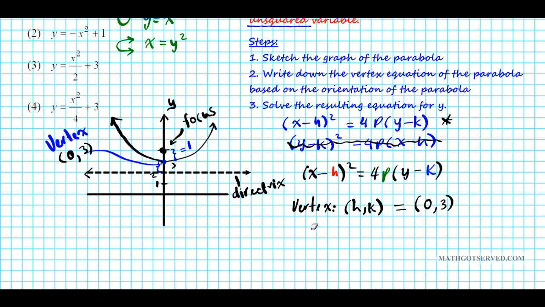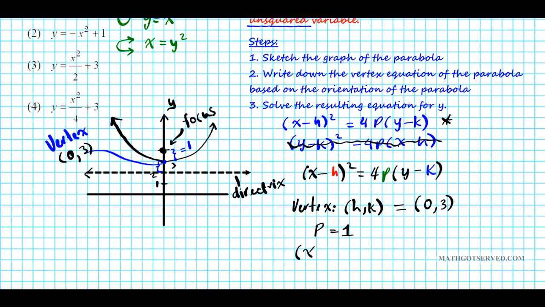Now what is p? p is the distance from the vertex to the focus, or the distance from the vertex to the directrix. They should be exactly the same measure, namely 1. So p is 1 unit long. That's all the information we need to generate the equation of our parabola.